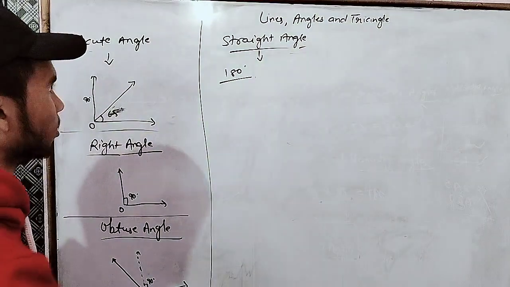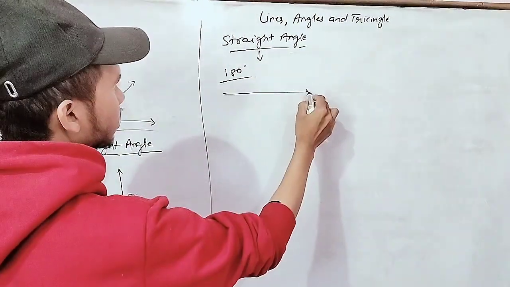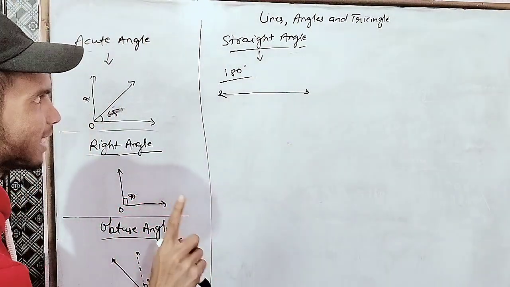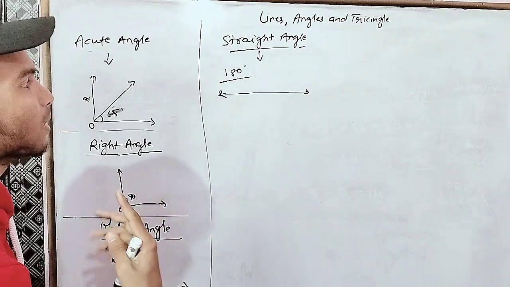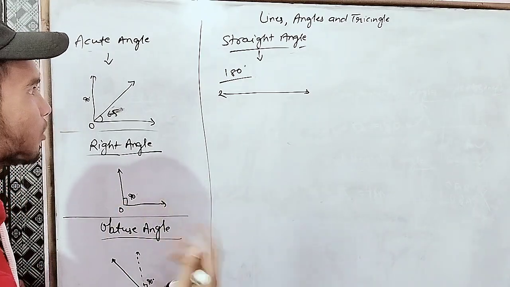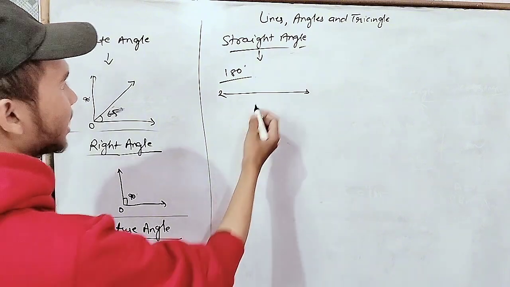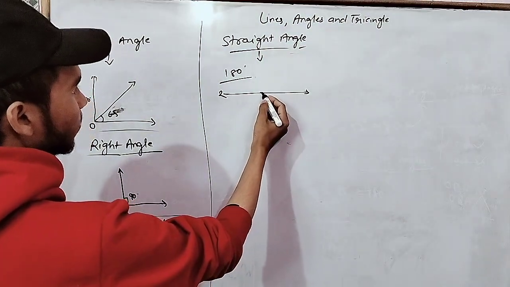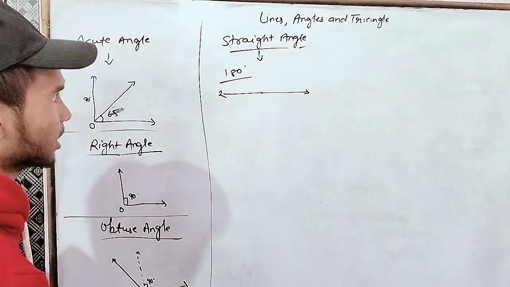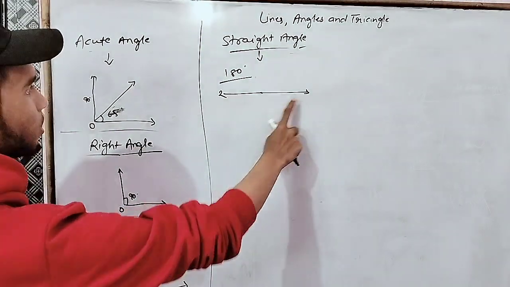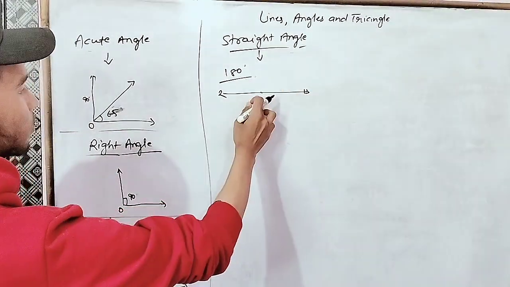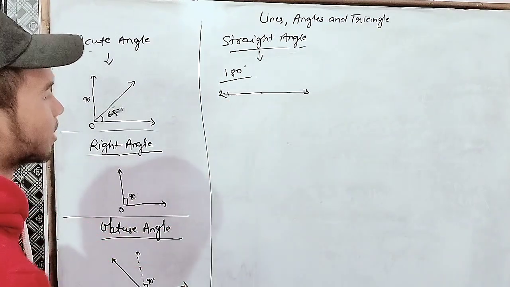I hope that you understand. So what will the diagram of this be? We have only one line. But as we understood, we should have two lines to make an angle. That's why here we will apply a point. Now we have two lines, first from here to here, and from here till here.